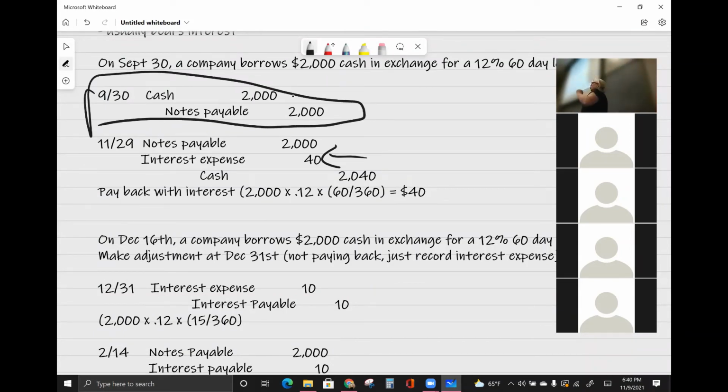We'd make that same entry because we're getting the cash for $2,000 and we have a notes payable for $2,000. So we credit notes payable. This is what's on my books, notes payable $2,000. When I'm paying that back, I'm going to debit notes payable for how much?